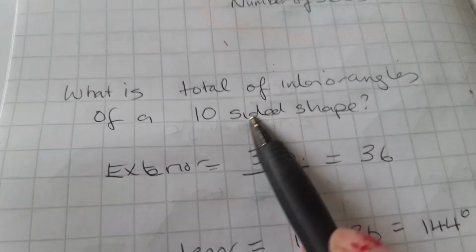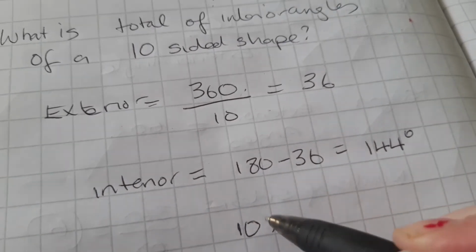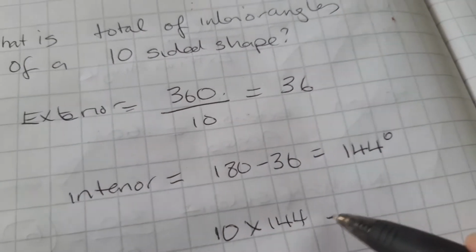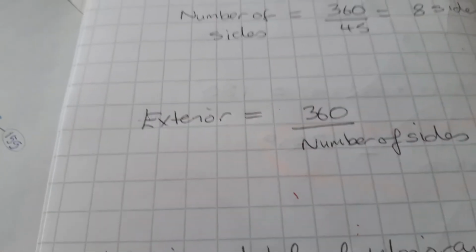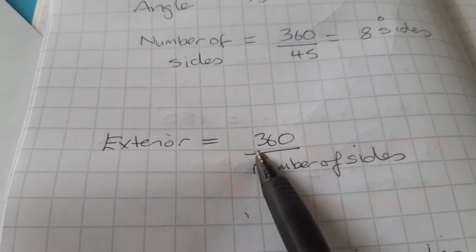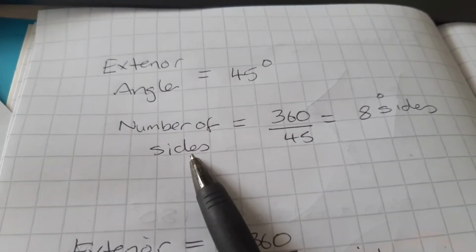Now, you know that it's a 10-sided shape, so you say it has 10 angles. The total is 10 times 144 equals 1440. So you have two ways of getting the total of the interior angles now. But this is really, really useful, and mostly this number of sides one is used quite a lot in questions.